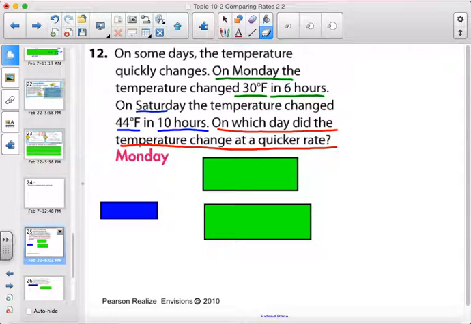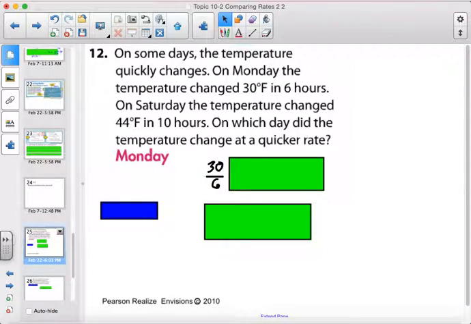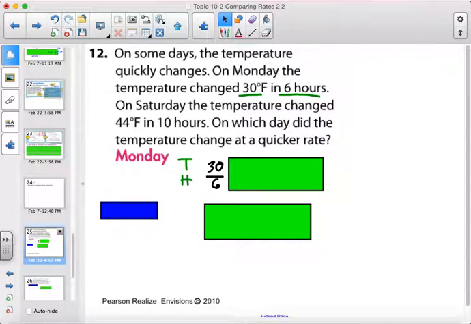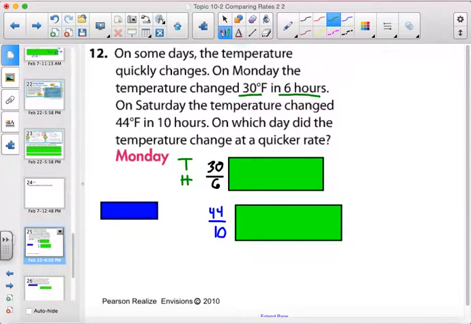One of the things that you want to remember is you want to set up your initial rates first. So on Monday, we had an initial rate of 30 to 6, temperature to hours. On Saturday, your initial rate, again, was temperature per hour.